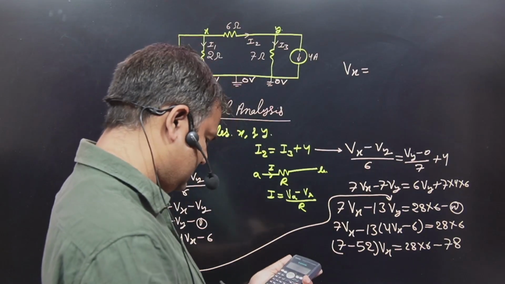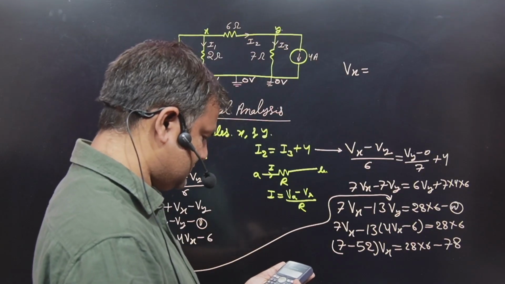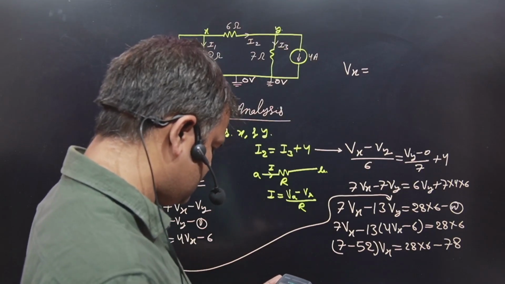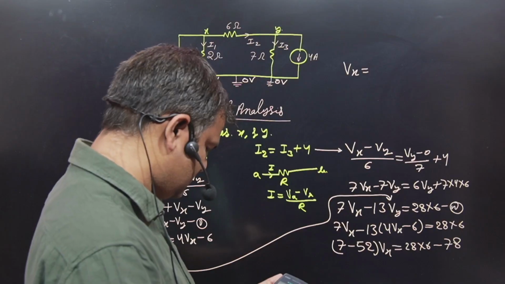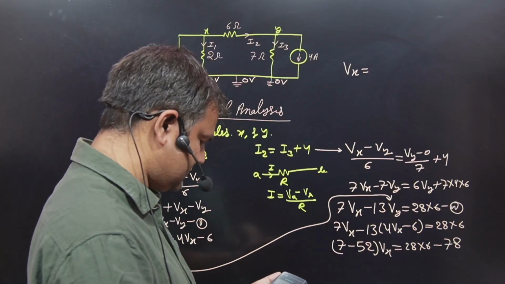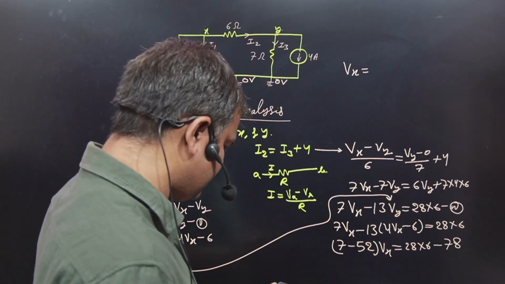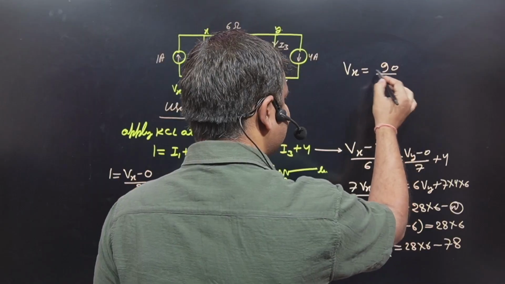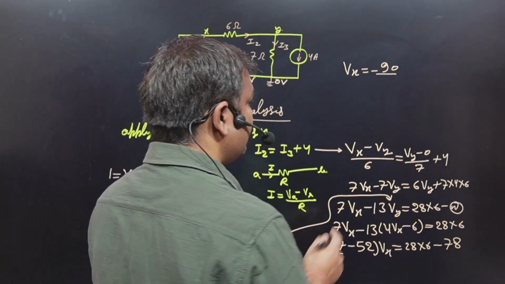Vx is 28 into 6 minus 78, which is 90, divided by minus 45.